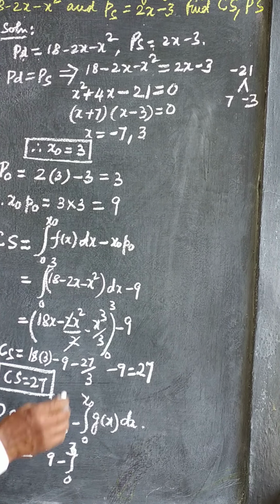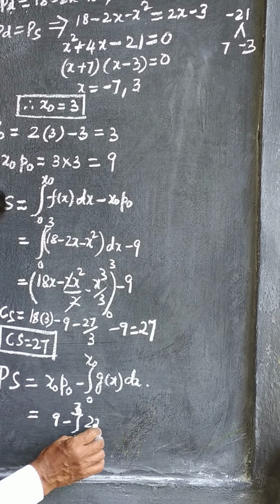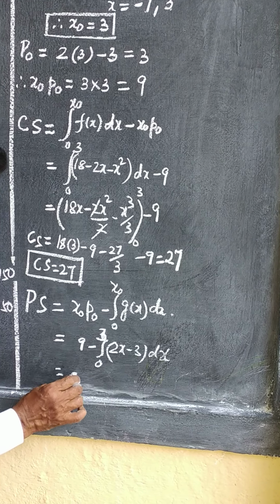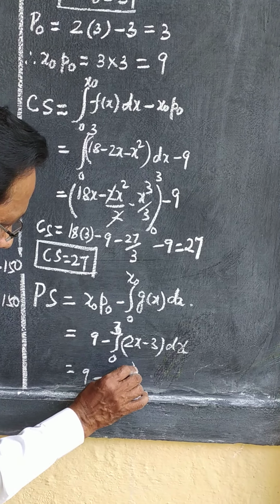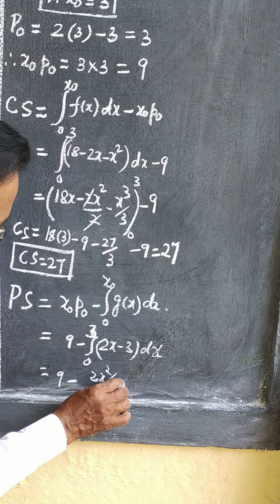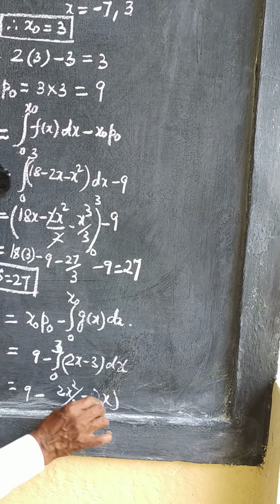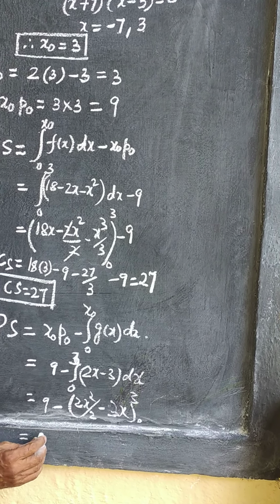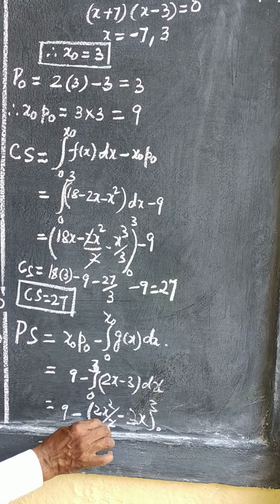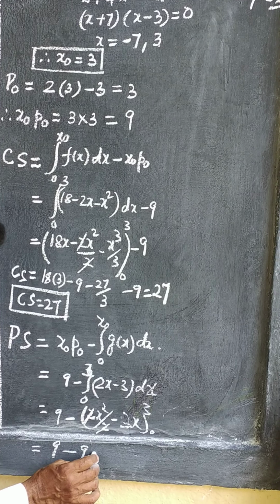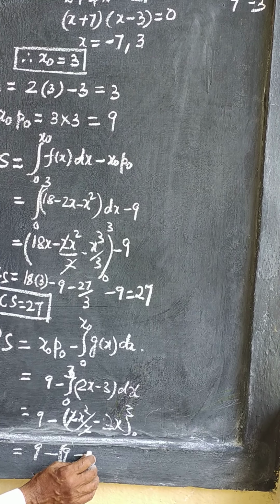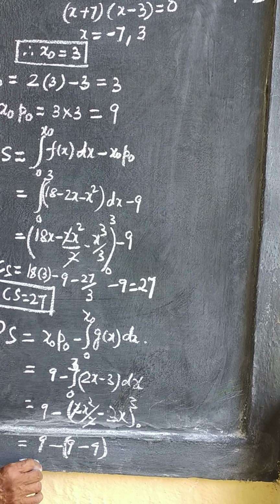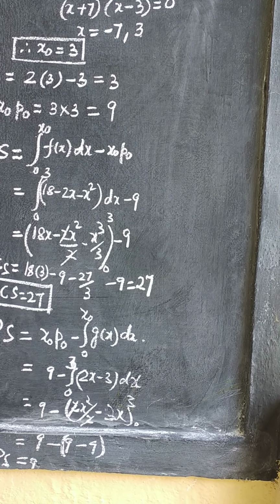What is g of x? 2x minus 3 into dx. That is equal to 9 minus 2x square by 2 minus 3x from 0 to 3. That is equal to 9, 2 gets cancelled, 9 minus again 9. So the answer for this is equal to 9 only. PS is equal to 9.